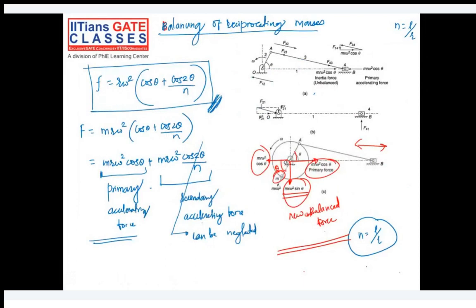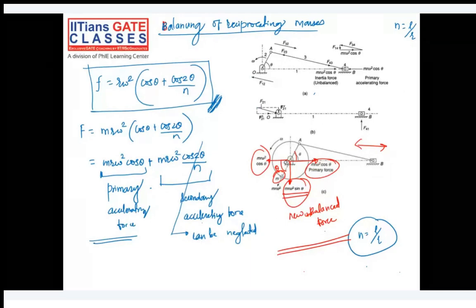That is the reason behind this compromise, and we cannot fully avoid it. If you want to fully avoid it, a new unbalanced force will be generated, and that will cause the system to jump up and down, rather than having issues with the to and fro motion. So we have to do the compromise here. Is it clear till this?